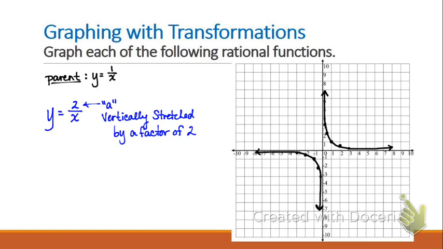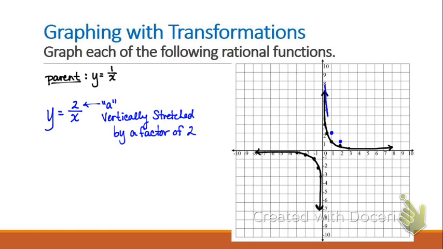So now, when I have an x input of positive 2, my y output is 1. When I have a y output of 2, the x that gave me that was a positive 1. So notice I have points at positive 2 and positive 2 here.